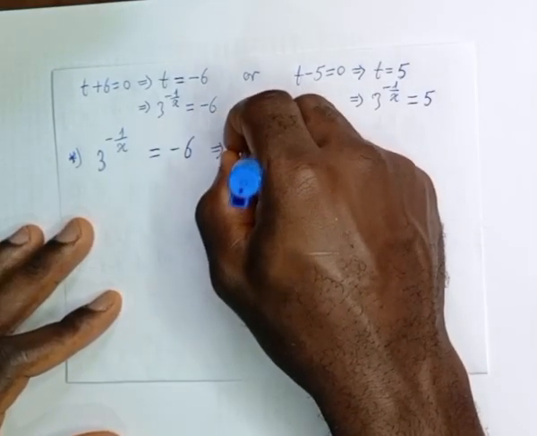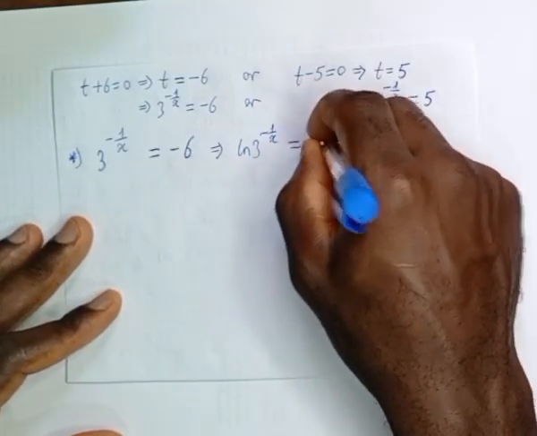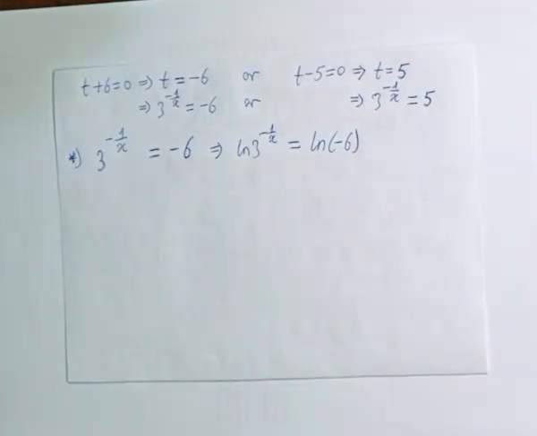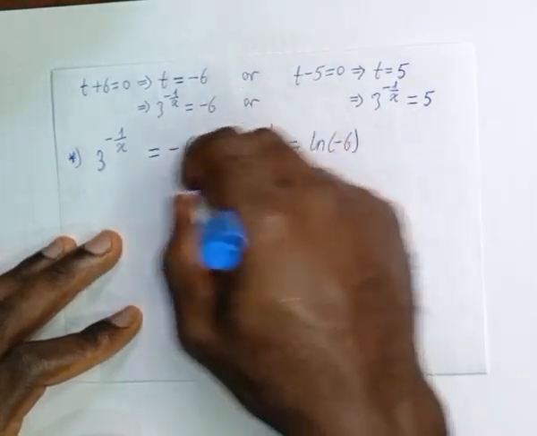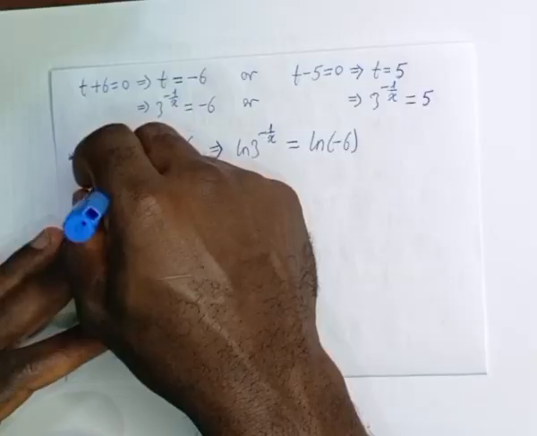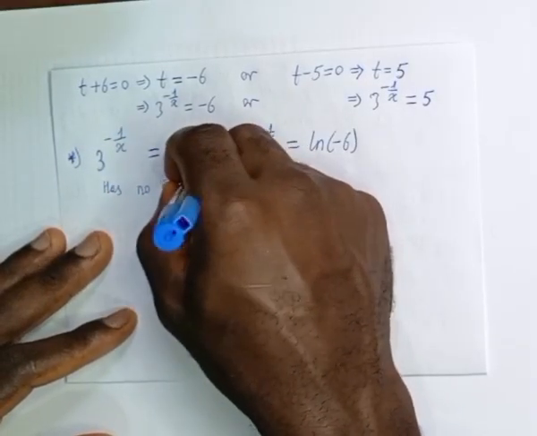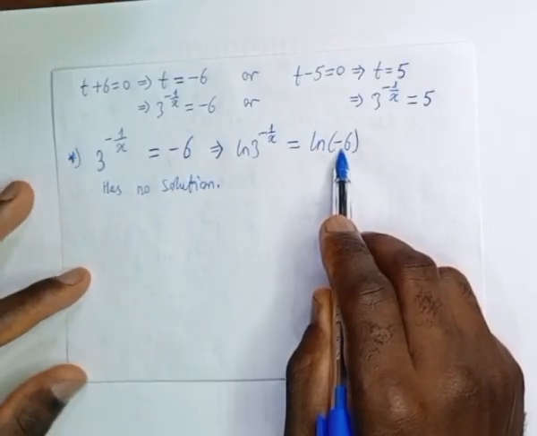Then the ln of 3 raised to the power -1 over x is simply equal to the ln of -6. The ln of a negative number does not exist. It simply means in this case there is no value for x. So we write it down: it has no solution for this case, because the ln of -6 does not exist.